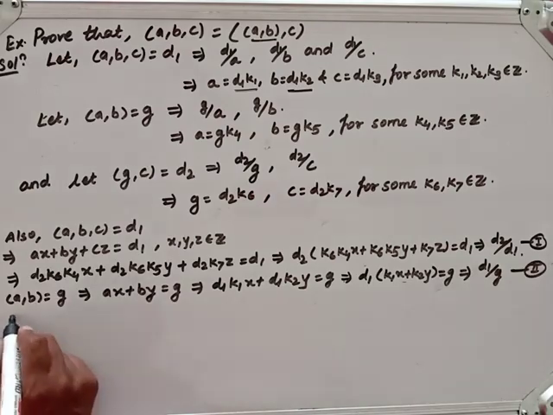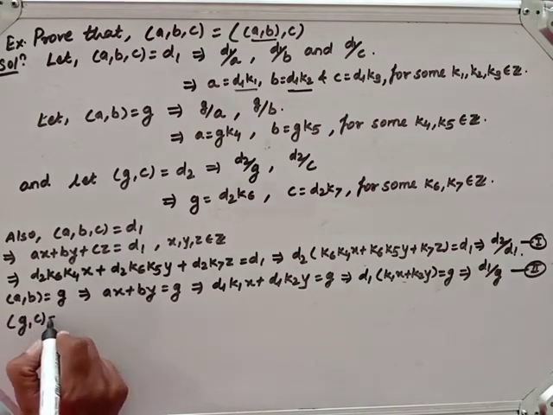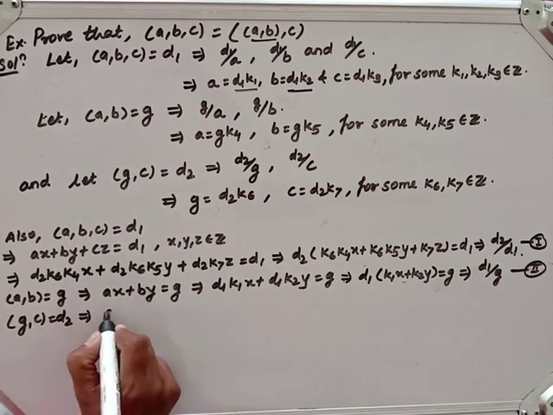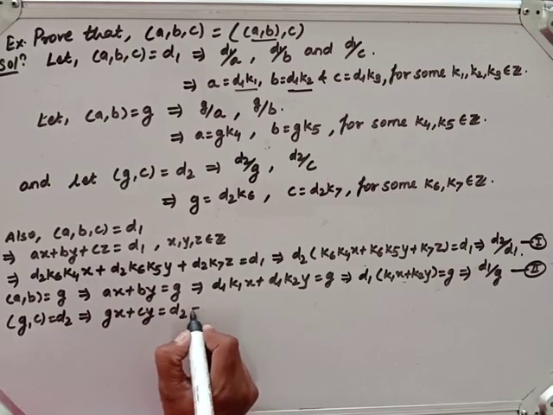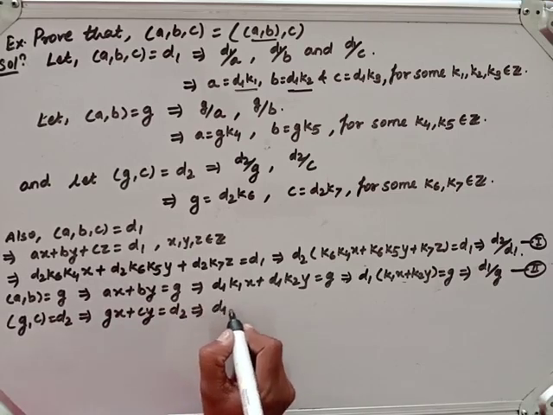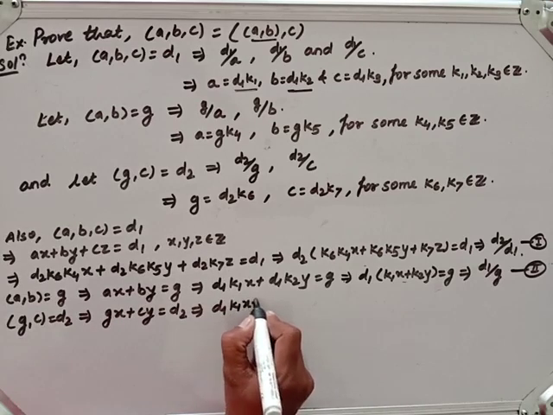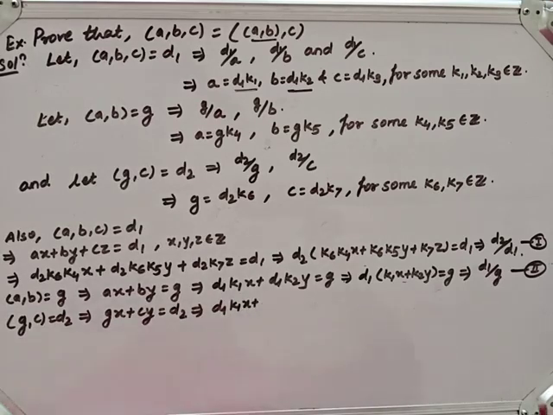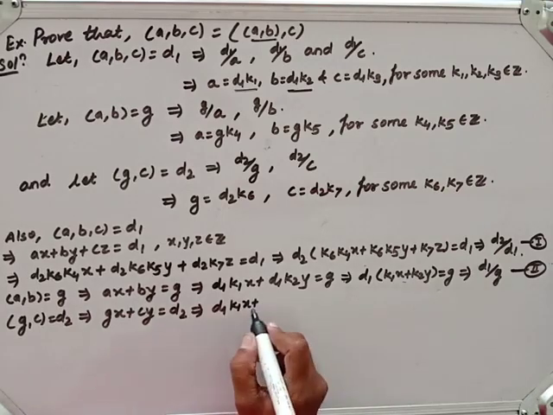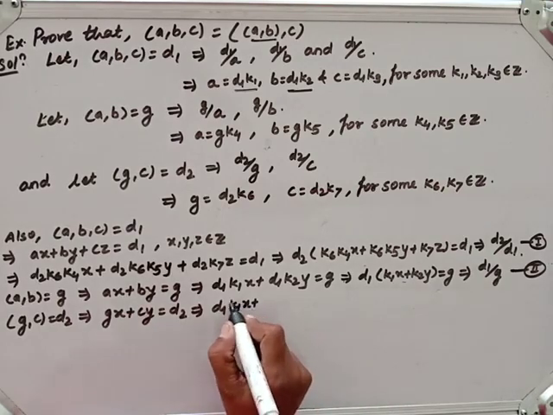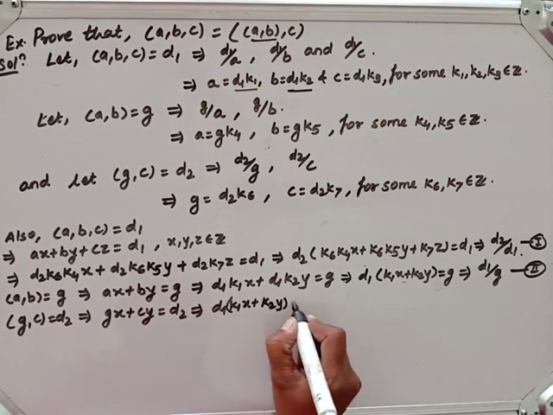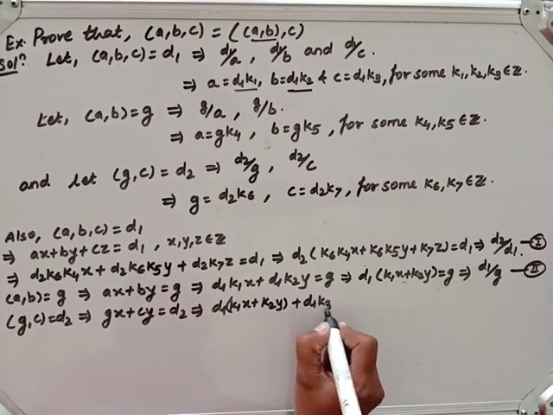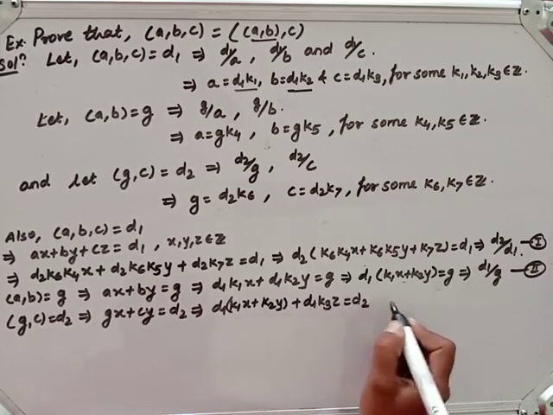Now also GCD of G and C is D2. So what does this say? Gx plus Cy is equal to D2. So this gives D1 into K1X plus K2Y plus D1 K3Z is equal to D2.